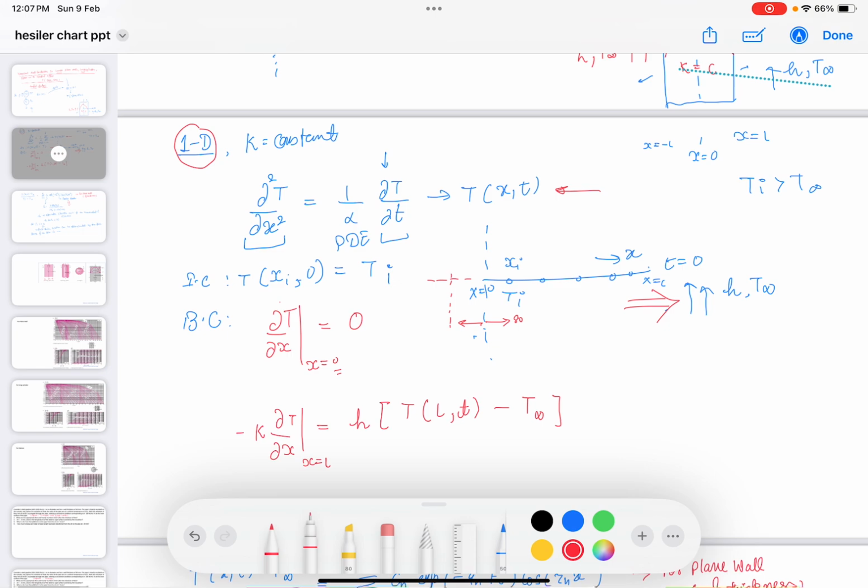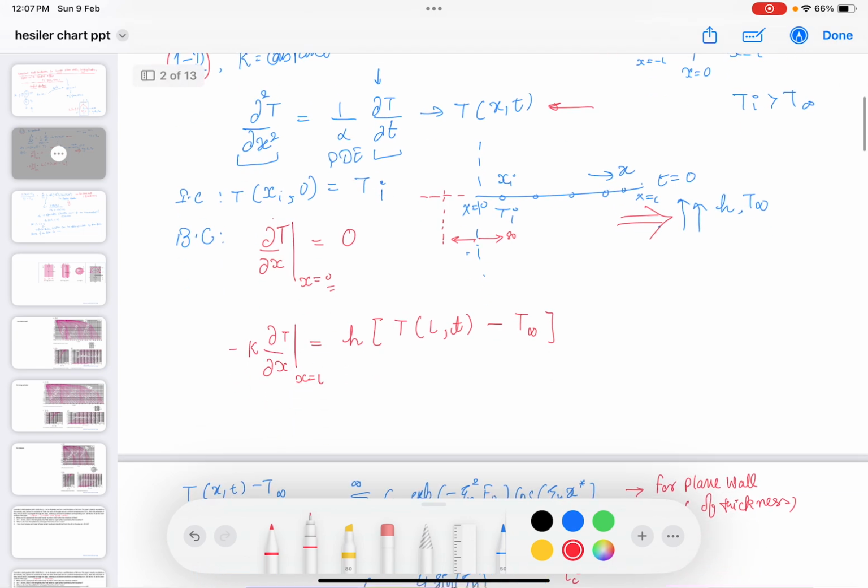So we will need one initial condition and two spatial conditions, which are nothing but boundary conditions, to solve this problem. In general, the initial condition is specified like this: at any x, at time t equal to 0, the temperature is Ti. And for the boundary condition, since the body is symmetric about the x equal to 0 plane, the temperature variation along that plane in the vertical direction is 0.